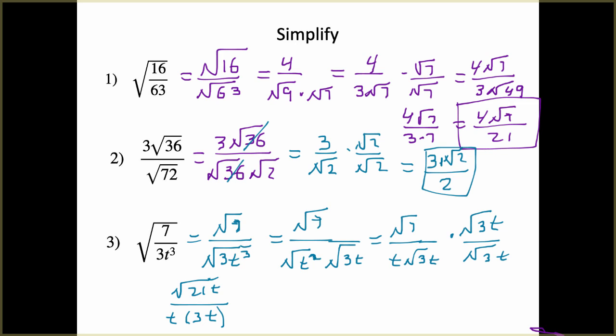You would get 9t squared, and then the square root of 9t squared is 3t. From here we get the square root of 21t all over 3t squared. And this is my simplified radical form.